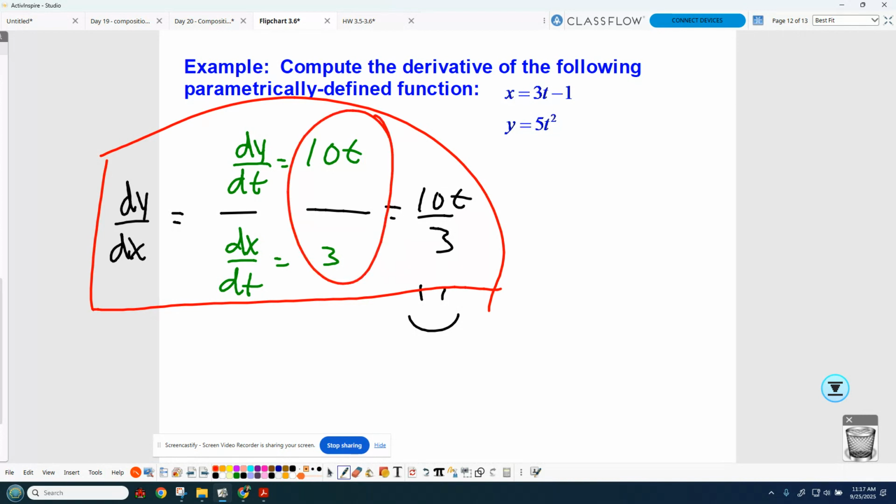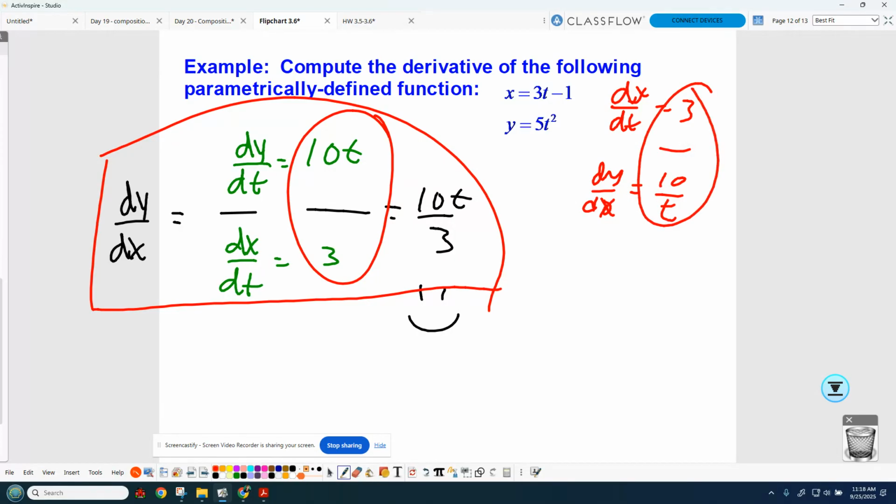You're done. And I find when people solve, like, dx dt is 3 and this one is 10t, sometimes they leave it like this, which is wrong. So just a warning.